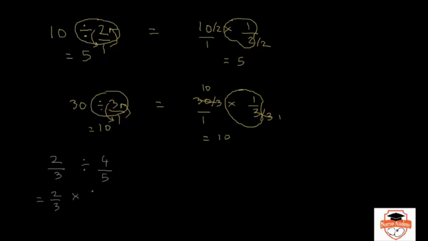So 4 over 5 changes to 5 over 4. And then if you can simplify, go ahead and do it before you multiply. Over here, we can divide 2 with 2 and 4 with 2. So we end up with 1 over 3 times 5 over 2, which is 1 times 5, which is a 5 on the top. 3 times 2 is a 6 on the bottom. So 2/3 divided with 4/5 is 5/6.